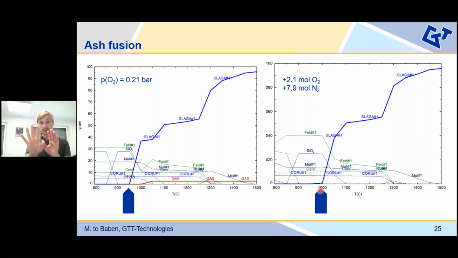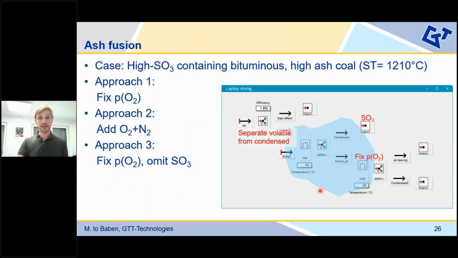Okay, but at least in this way we have fixed the sulfur partial pressure and the gas atmosphere in a sensible manner. And actually, we could do it with this approach as well.